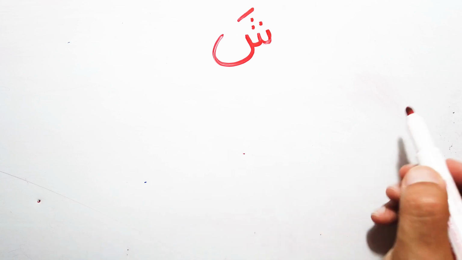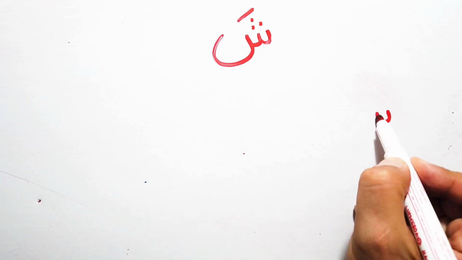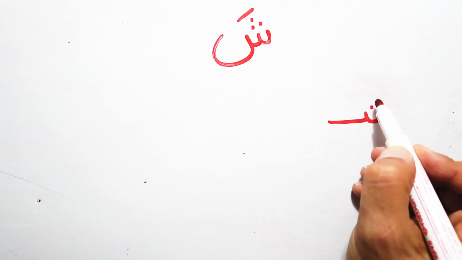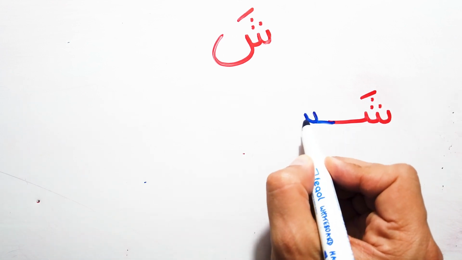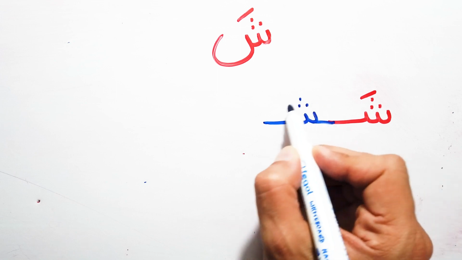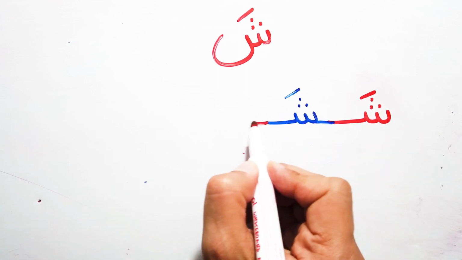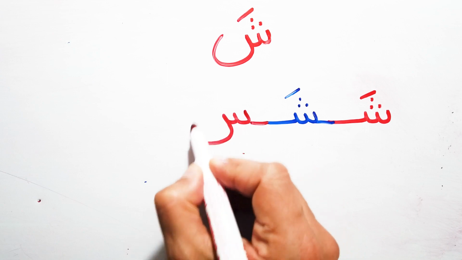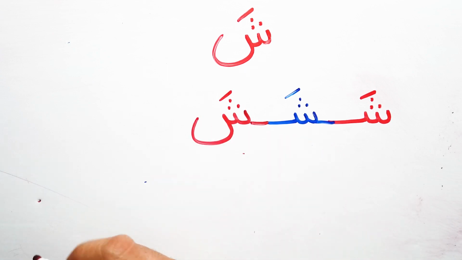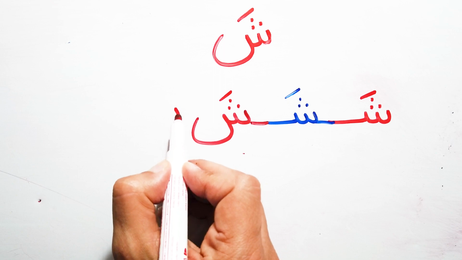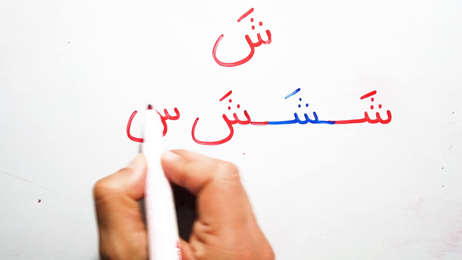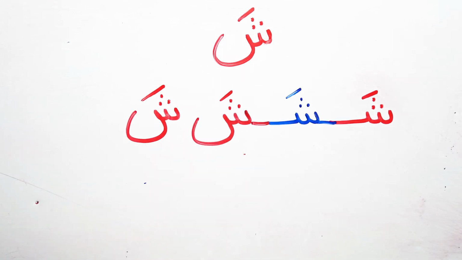So sha in the beginning of the word, as we have studied before, is like this, and in the middle of the word is like this, and at the end of the word is like this, and at the end of the word like this as well. We have studied that before.